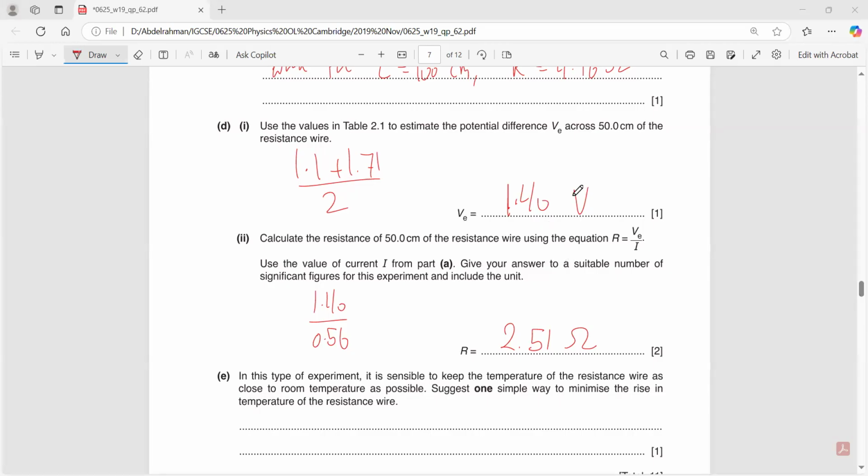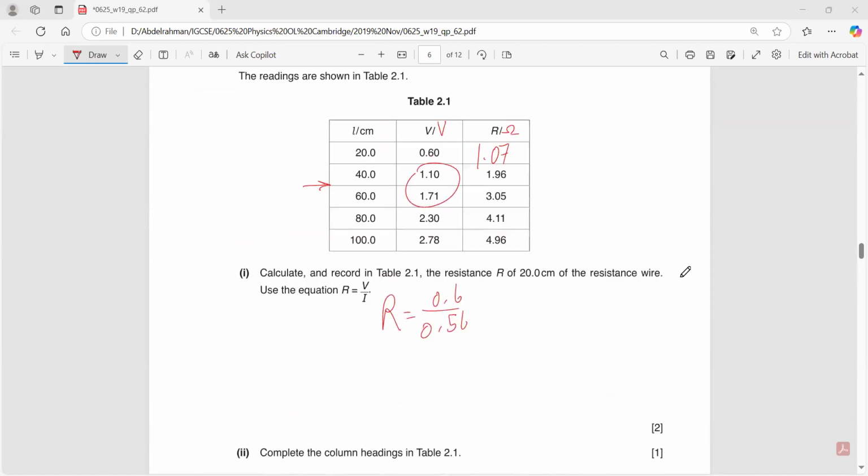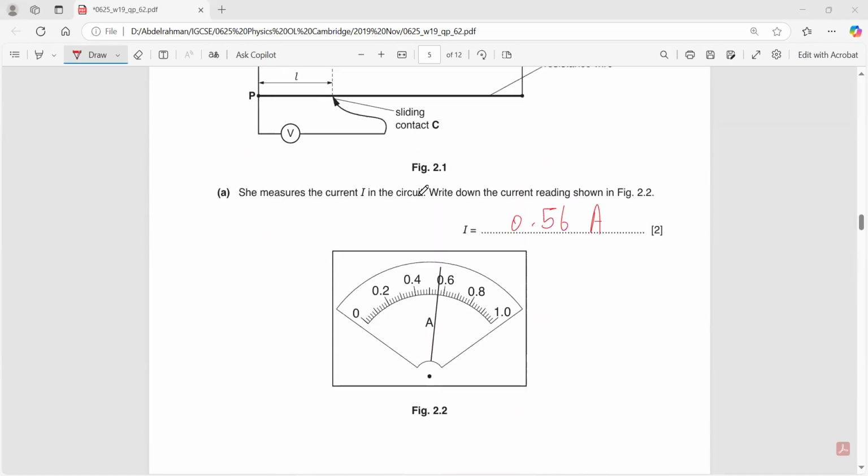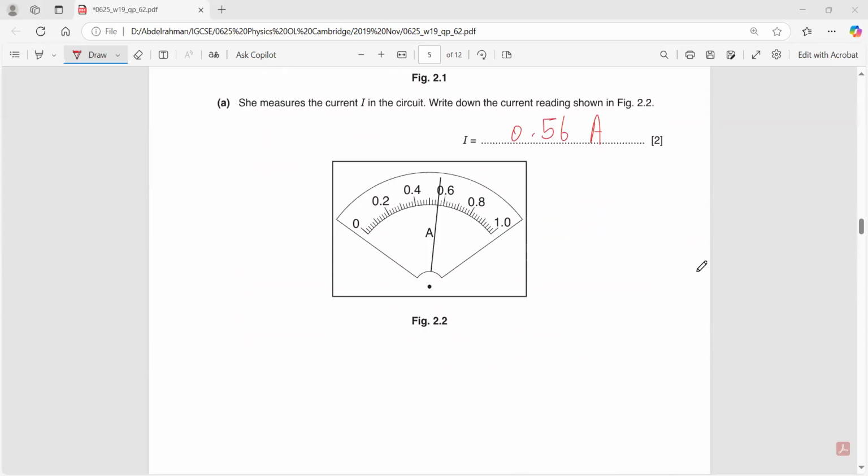The current could change, but for this question the current is constant, so I don't care. Where did we get the 0.56? The current, which we found in the beginning of the question, 0.56 amperes. It's the same current.